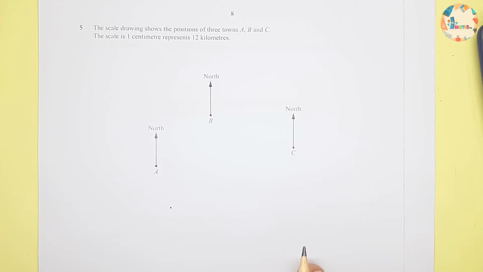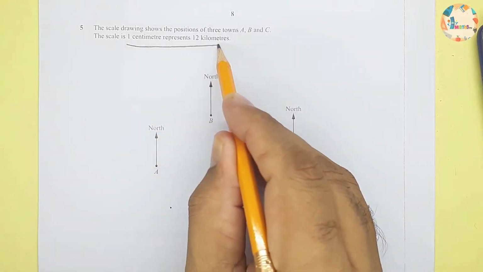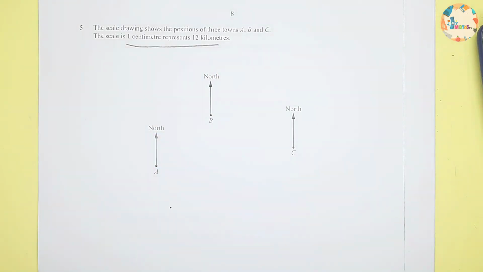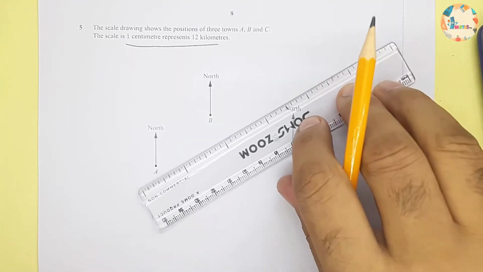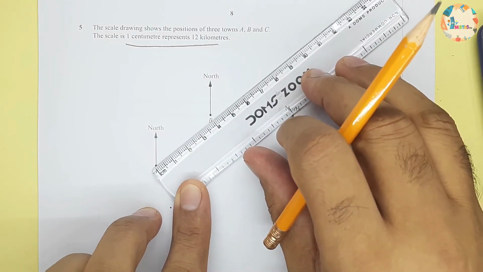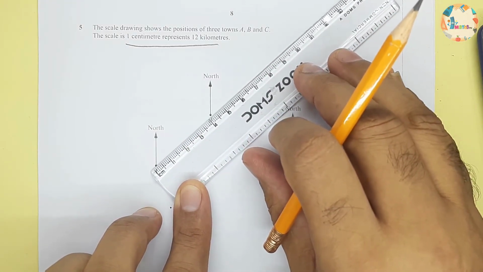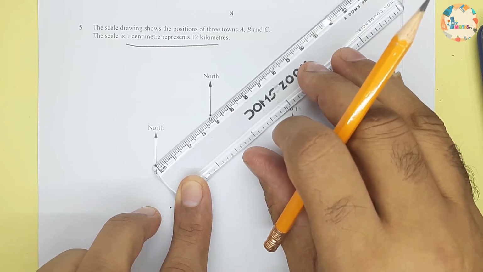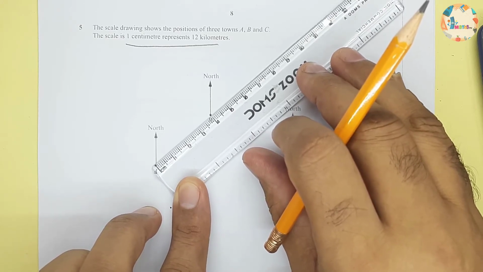Now we will have to take the length of this one. Scale is already provided, which is 1 centimeter is equal to 12 kilometers. So find the actual distance between town A and B. So A and B, we can measure this. A and B is around 4 point, this is exactly 4.